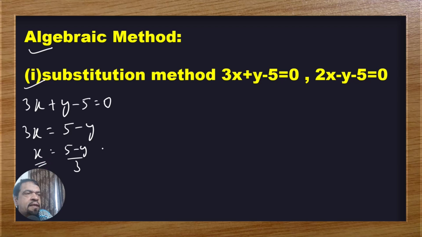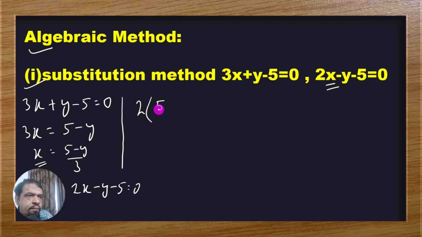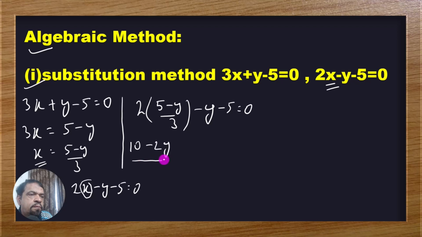We'll put this x in the second equation. So here in place of x we keep this one, 5 minus y upon 3. We can shift 5 to the RHS.